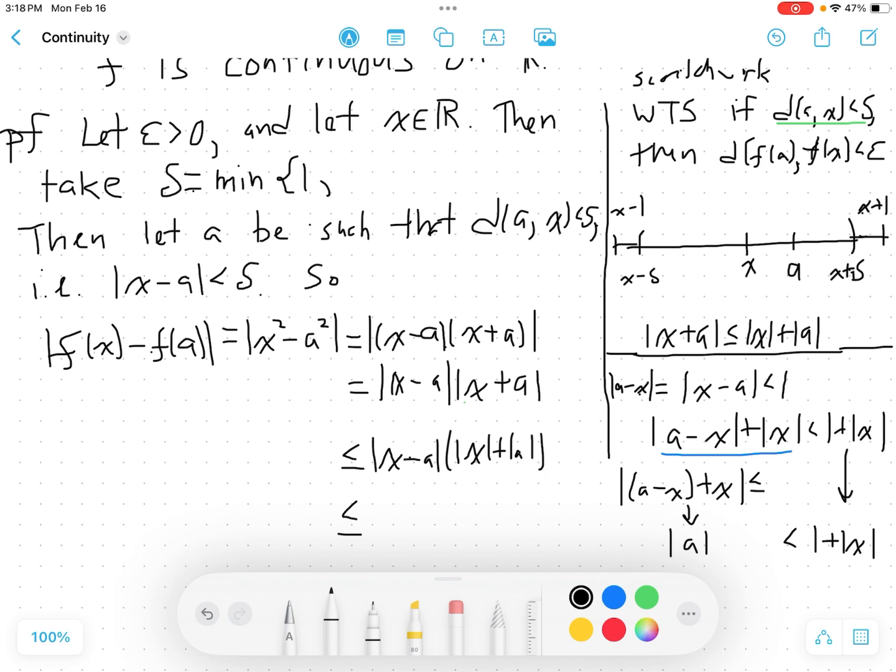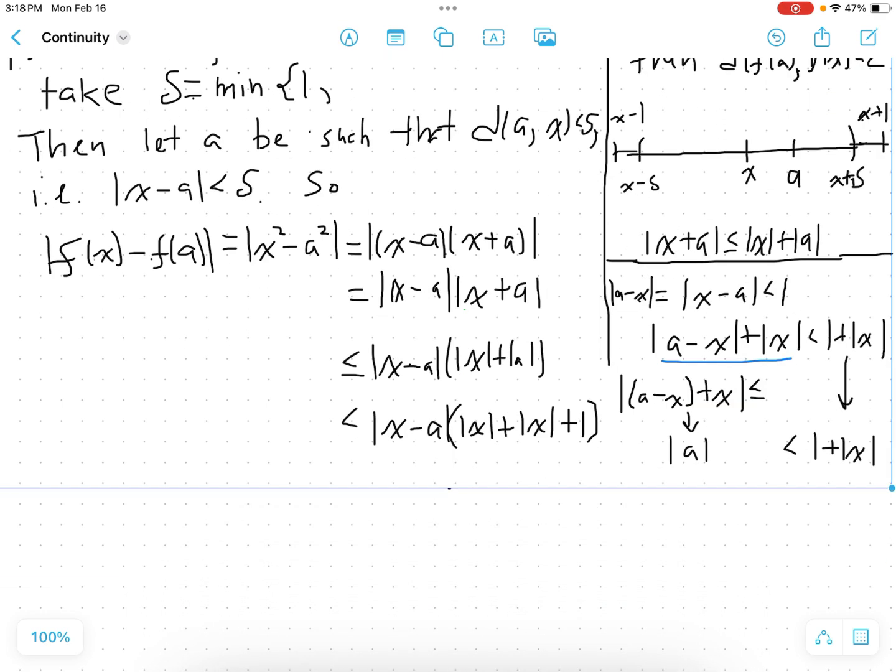And we've, by our scratch work over here, shown that that is going to be strictly less than x minus a times absolute value of x plus the absolute value of x plus 1, replacing absolute value of a with that piece.